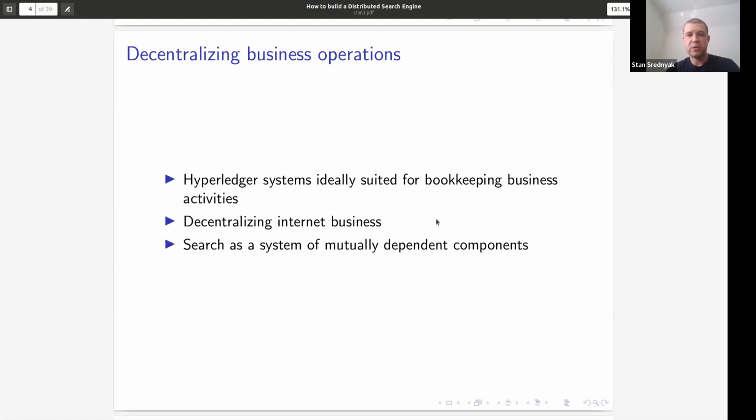And yet another revolution has to do with using public ledgers as systems of trust. Hyperledgers are ideally suited for bookkeeping in large businesses. So there's an ongoing movement of decentralizing various businesses by providing a hyperledger backend. And one of these businesses is the internet search business.